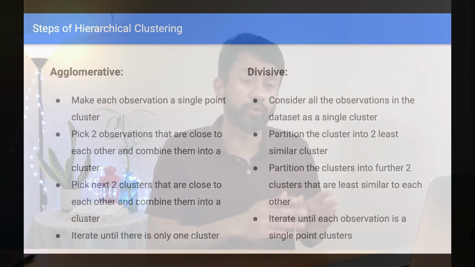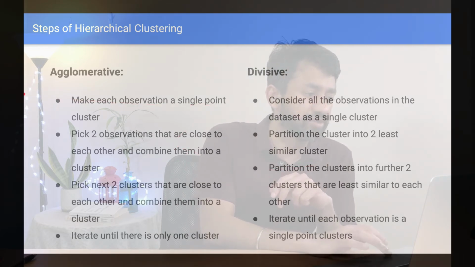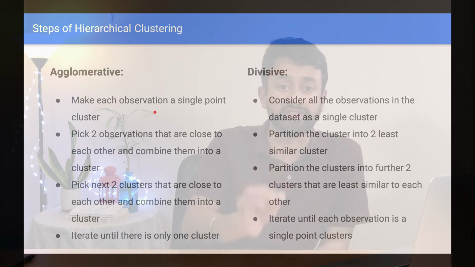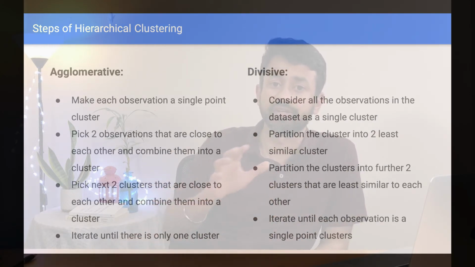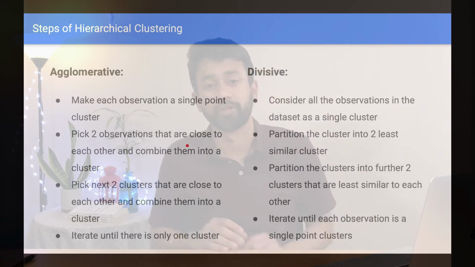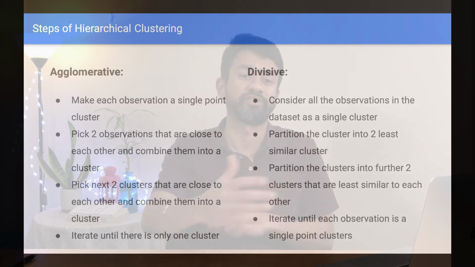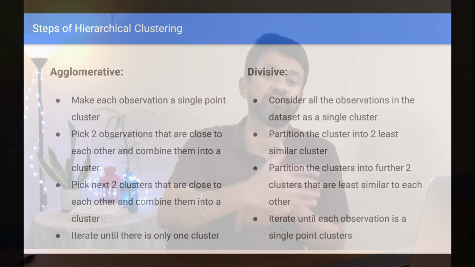Moving on to the next one, what are the steps involved in hierarchical clustering? As you see here, in the agglomerative approach, we make each observation a single point cluster. So when there are 10 observations, we consider that there are 10 different clusters in the dataset. Then we pick two observations that are closest to each other and combine them into one cluster, and all the remaining observations are clusters by themselves.